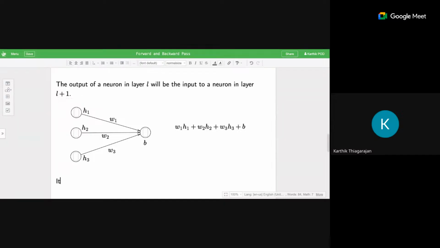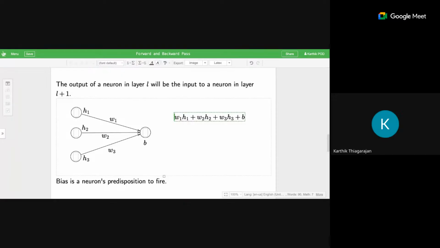So bias is a neuron's predisposition to fire. Meaning, if H1, H2, H3 are all 0, how likely is it that the neuron's output will be some positive value, and that is B. Did you all get what I meant by a neuron's predisposition to fire?